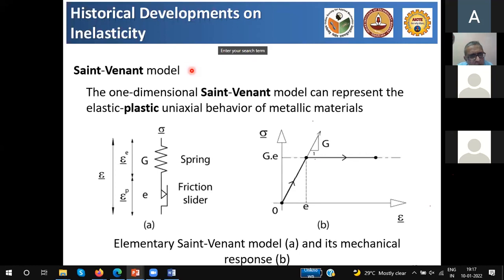Therefore, the earliest concept of plasticity is a spring and friction slider type of model, which seems to work well for such an observation. That's where things started way back in about 1864.